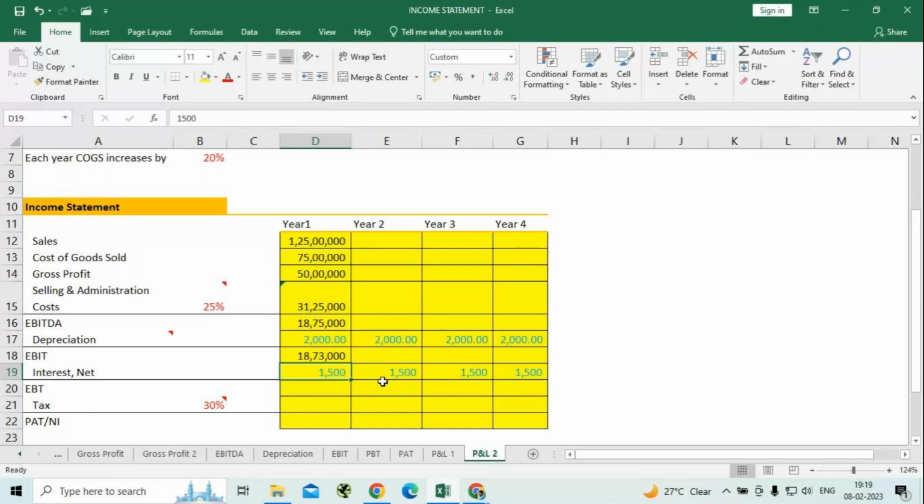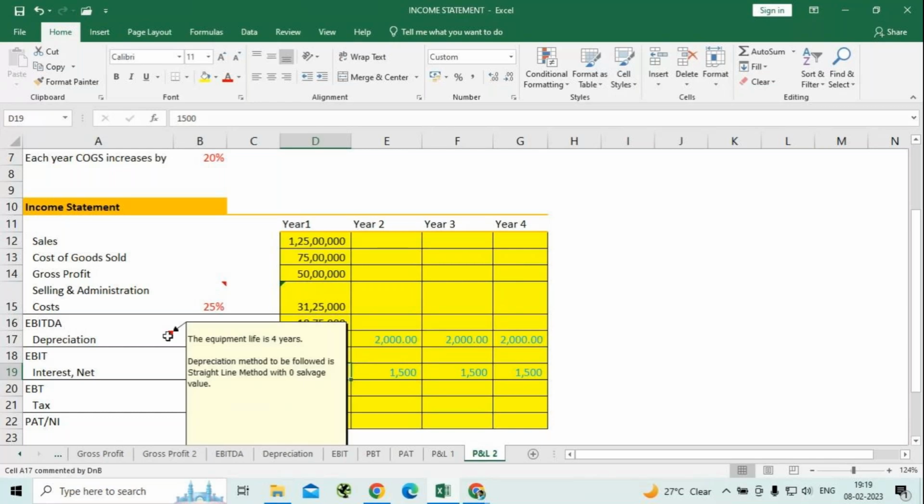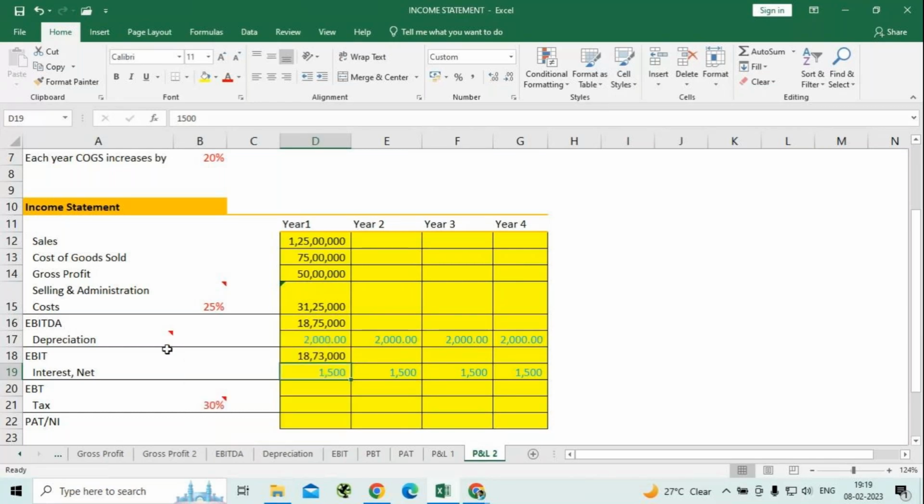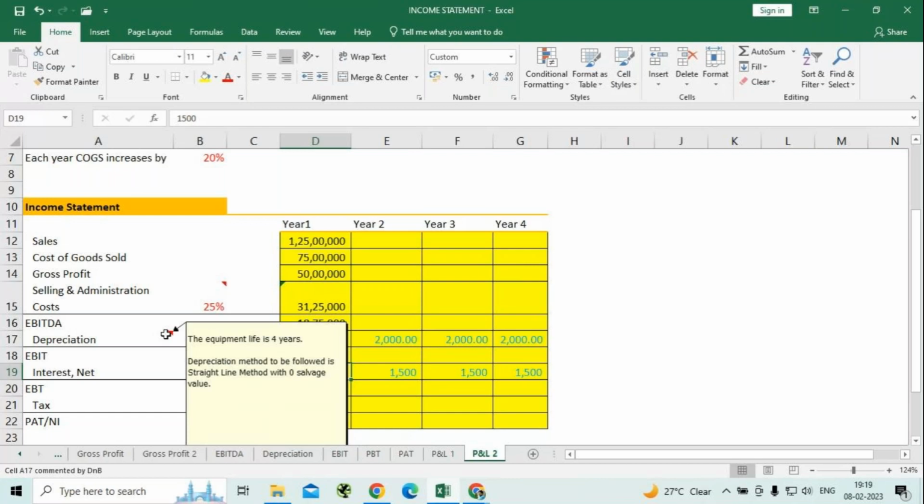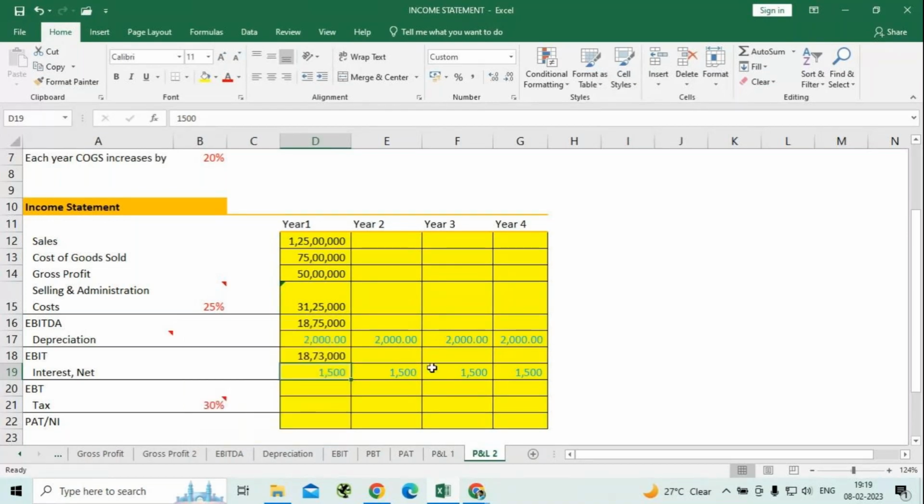It is just an imaginary number they have given. Equipment life is 4 years, and the depreciation method to be followed is the straight line method with a zero salvage value. So we'll consider this value itself. The interest amount is also given, that is 1500.